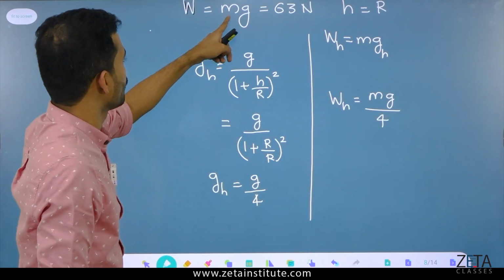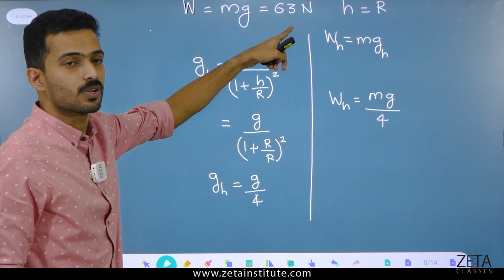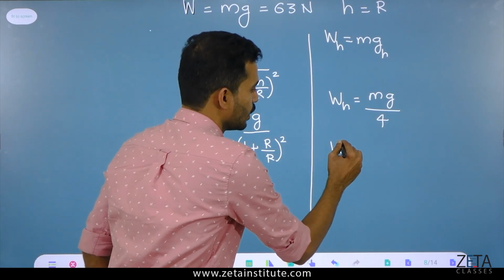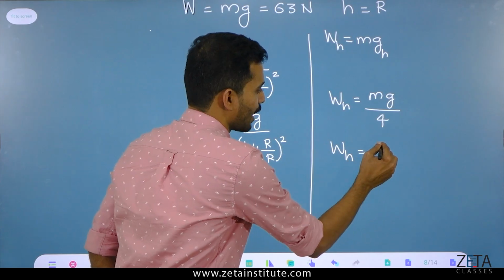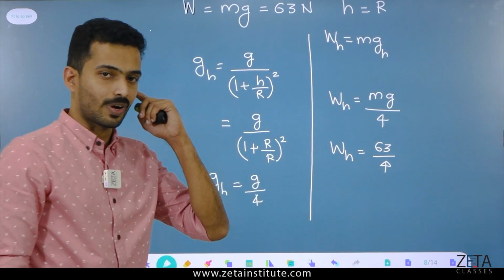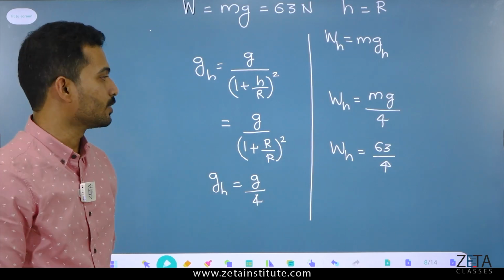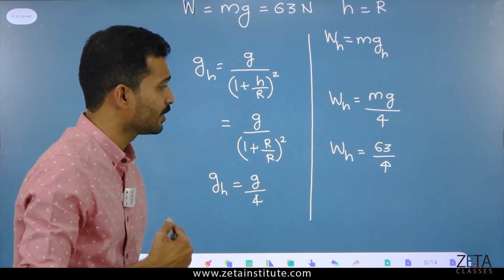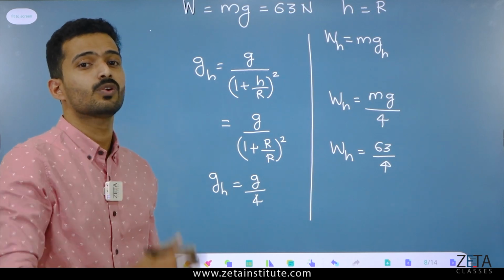What is the value of mg? On the surface of the earth it is equal to 63 Newton. So the weight at a height h is given by 63 divided by 4. The value of acceleration due to gravity decreases when we go up.